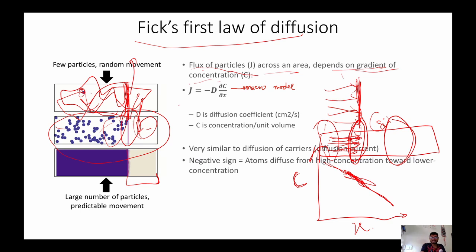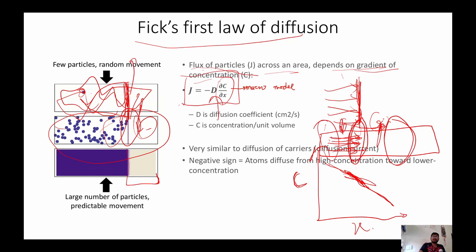So this flux J is the number of particles crossing an area per unit time. That is given by minus the diffusion coefficient times del C by del X. This is the gradient: how much concentration is here, how much concentration is there, divided by X.